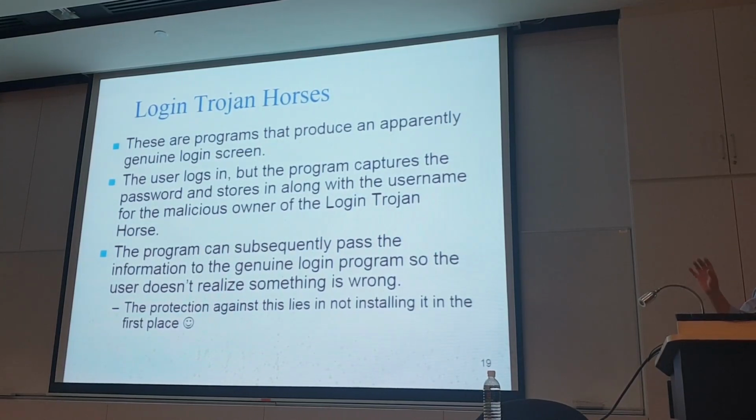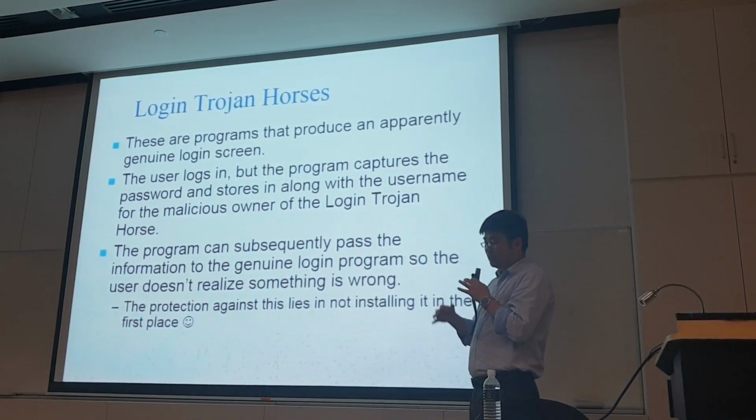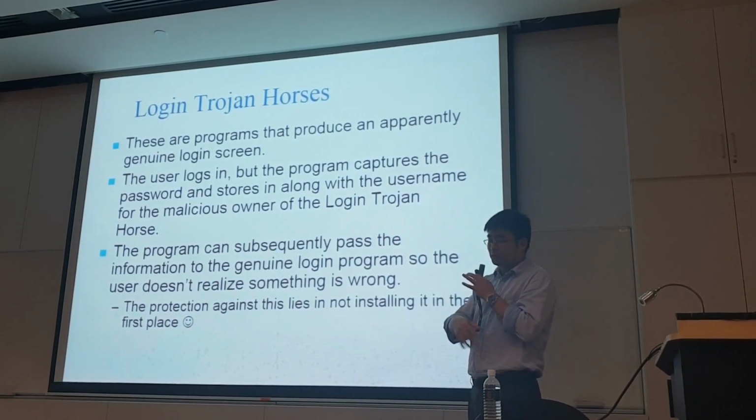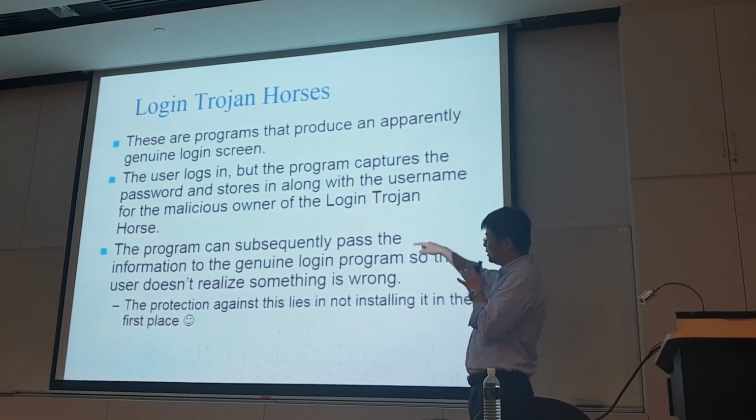A Trojan horse can also capture the screen in order to steal the user password if they use some other mechanism. For example, some systems don't let the user type the password using the keyboard.